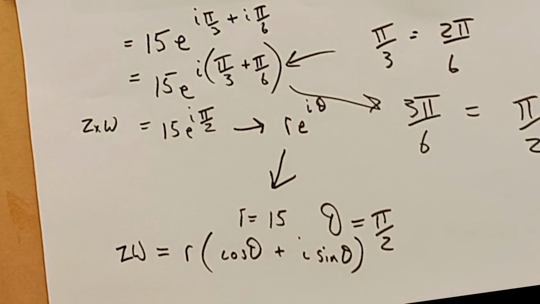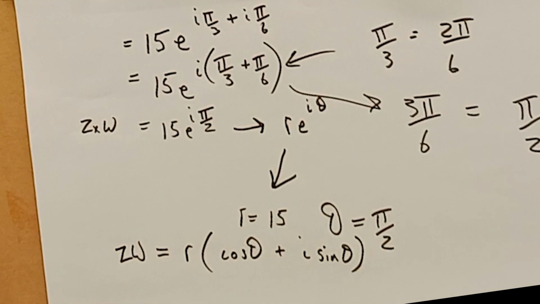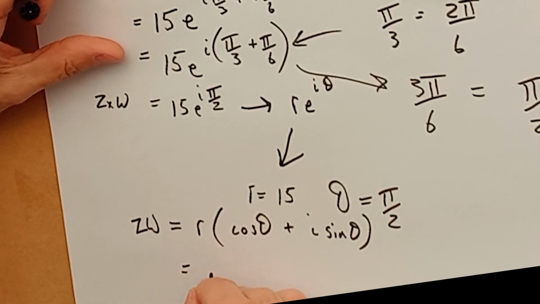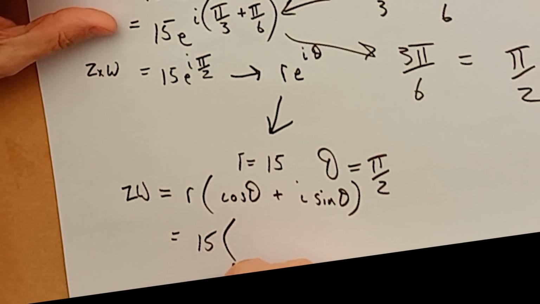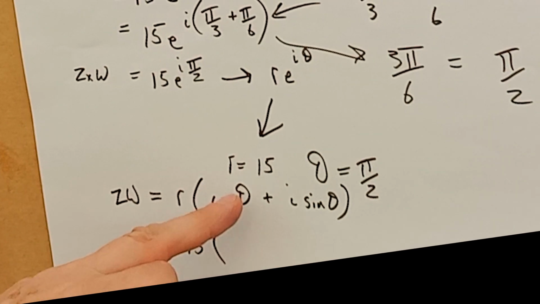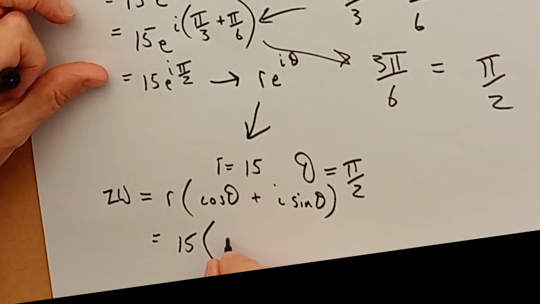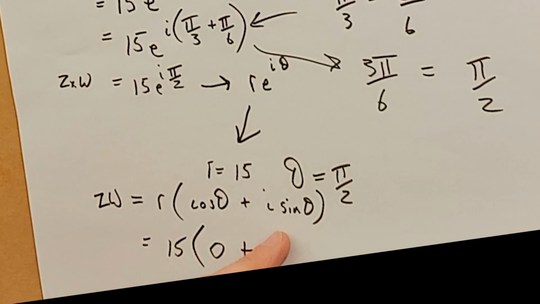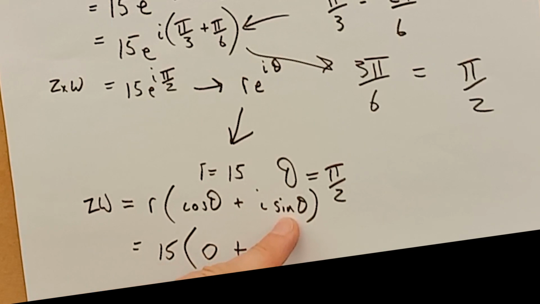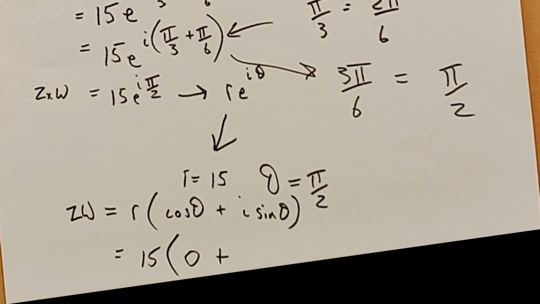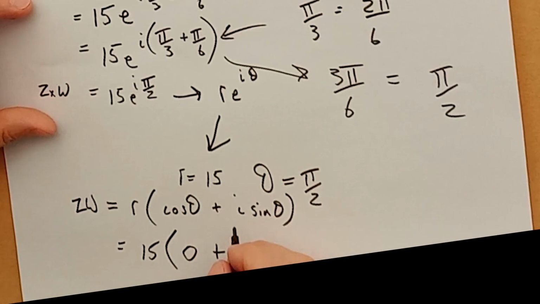And now we substitute r and theta, and we should get some kind of meaningful number. So equals 15 times, well, cos theta is cos of pi over 2, which is 0. And i sine theta, sine of pi over 2 is 1.